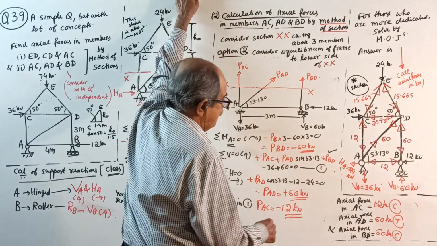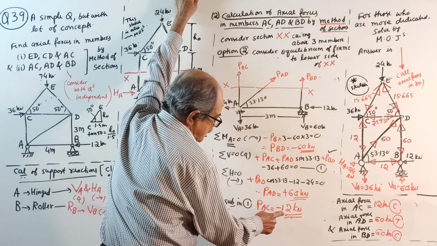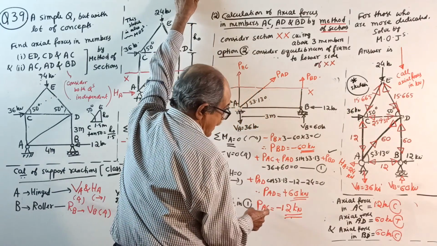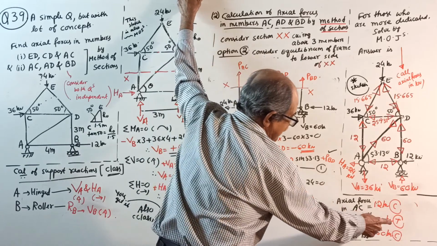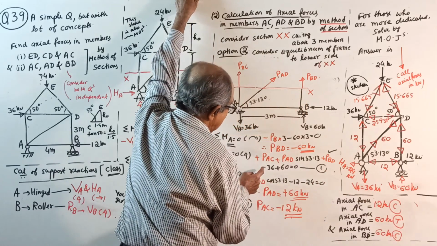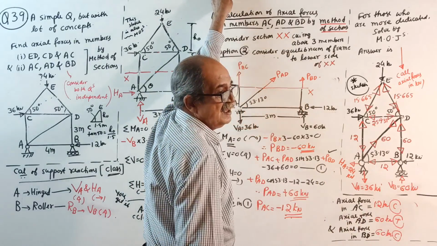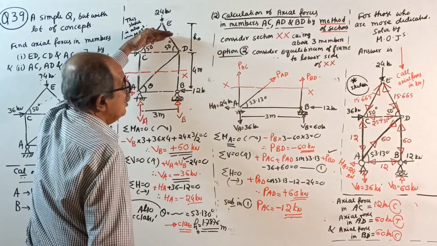Therefore, axial force in AC 12 kilonewton compression. Axial force in AD 60 kilonewton tension. Axial force in BD 60 kilonewton compression. So we solved the question. See, 2 questions solved.